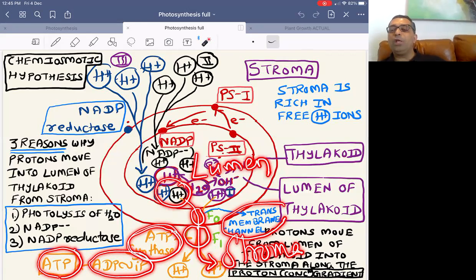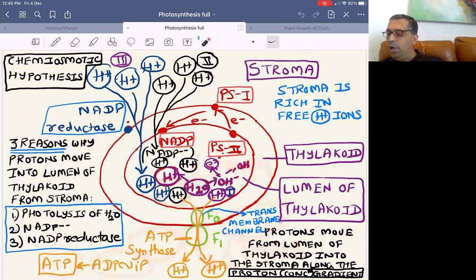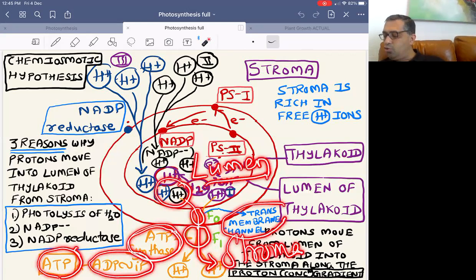This is formation of ATP due to movement of protons from the lumen into the stroma along the proton gradient.